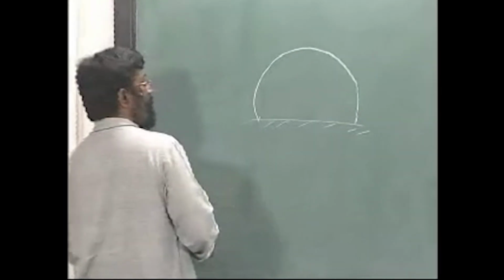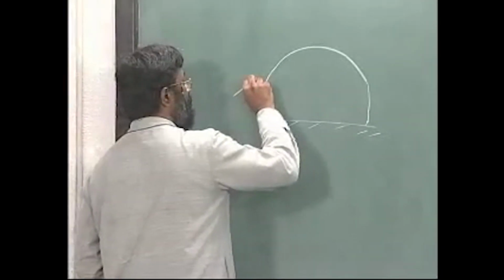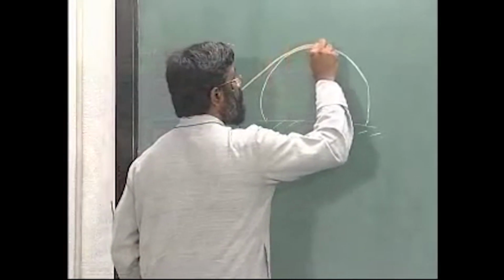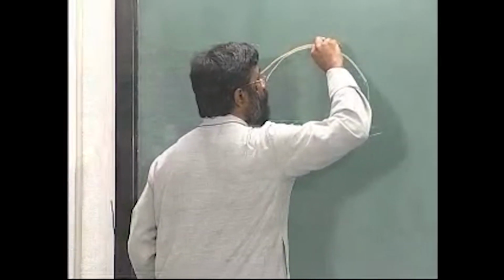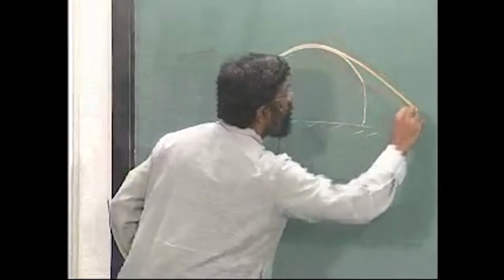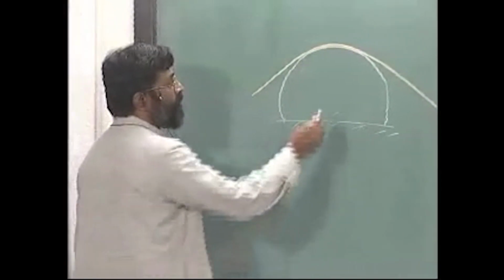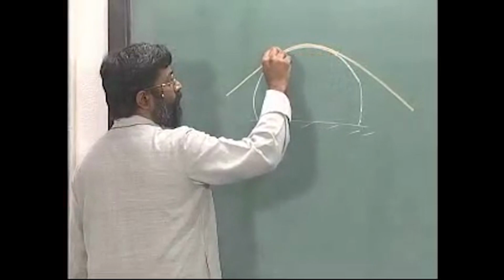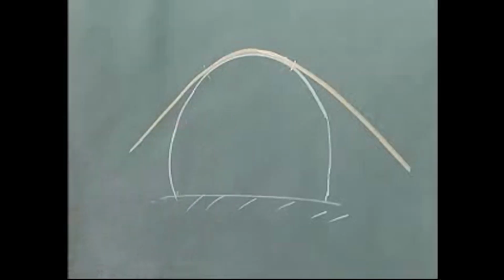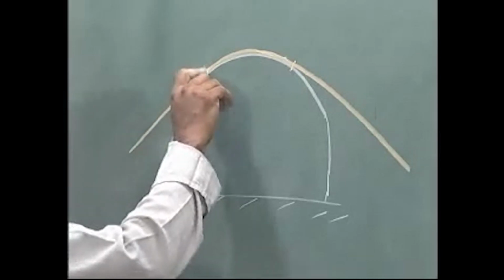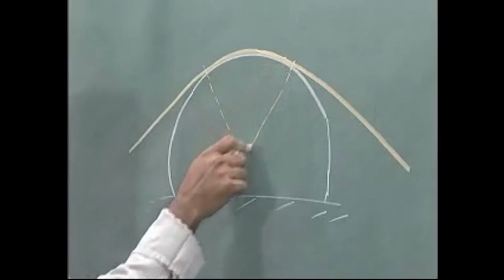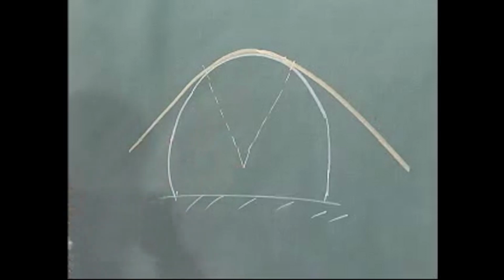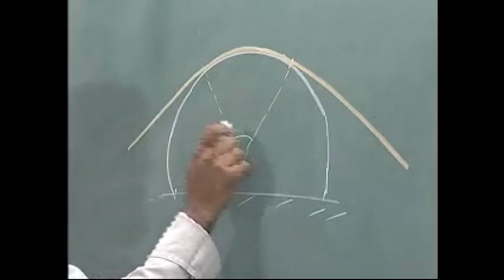So, let us say there is a belt that runs like this. As you can see, between this point and this point, it is in contact with the surface, alright. So, let us just draw that. This angle is, say, theta.